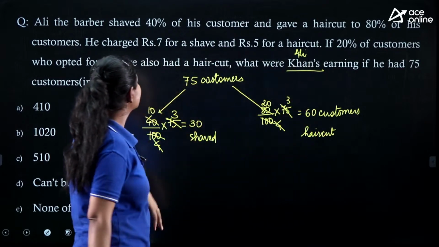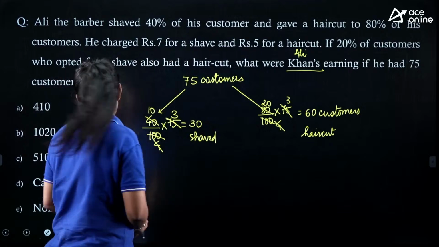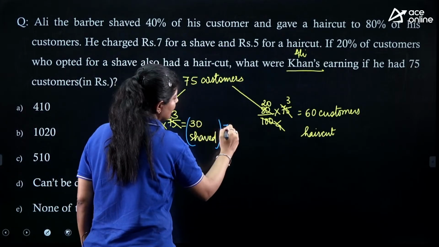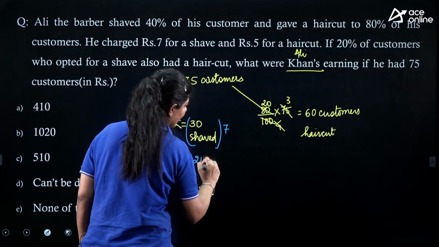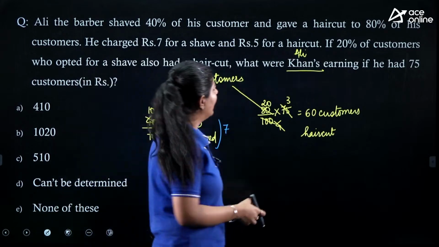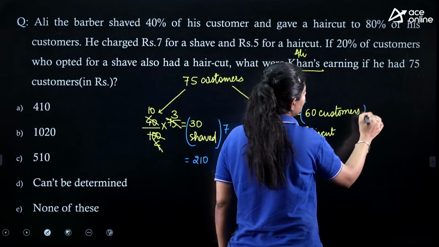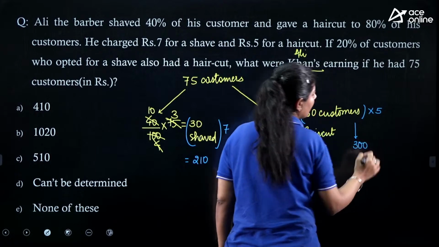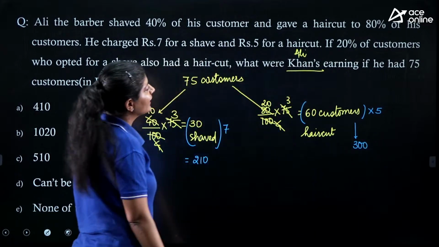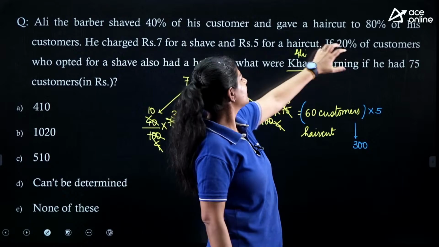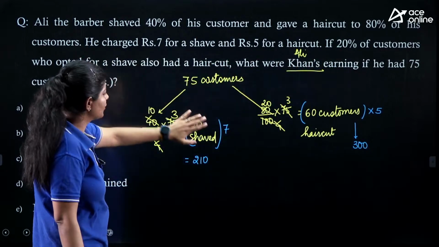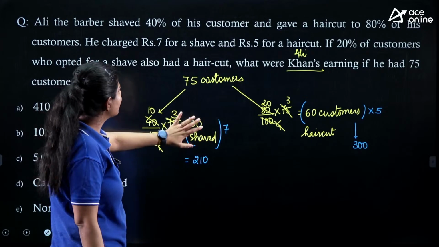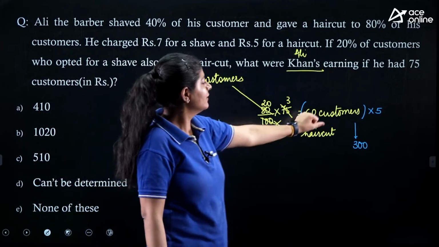Now the question is saying that for the shaving he charged 7 rupees. If he is charging 7 rupees, that means he is earning a total of 210 rupees from the shaving. And if he is charging 5 rupees, that means he is earning 300 rupees from the haircut. Now the question is saying that 20% of the customers who opted for the shave, that means 20% of this one, it's nothing but 6 customers, also opted for the haircut.